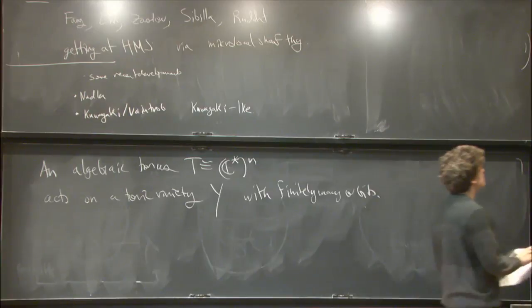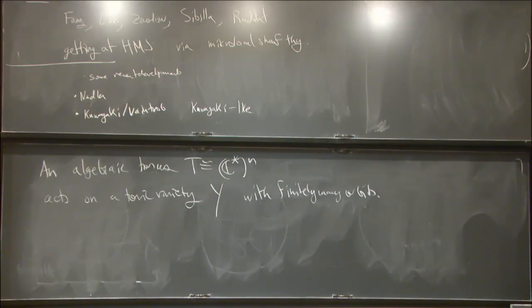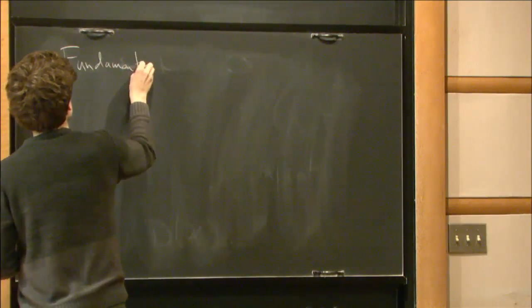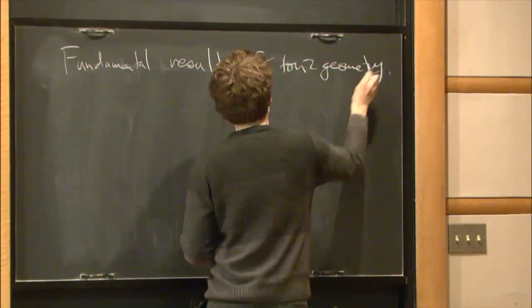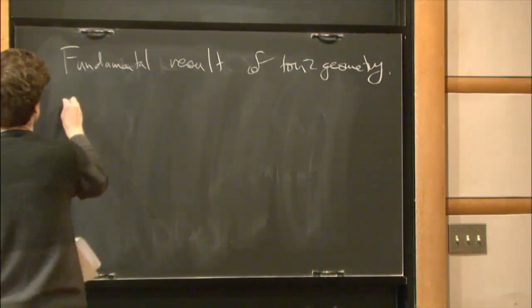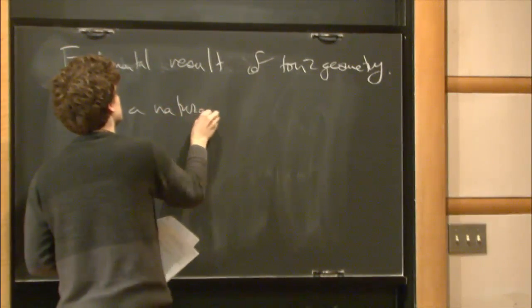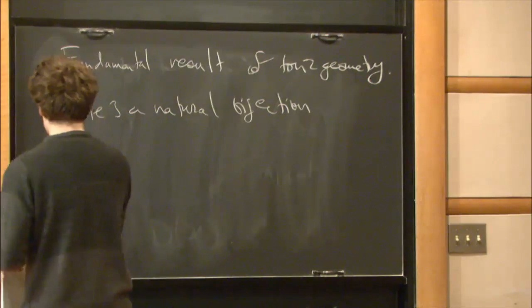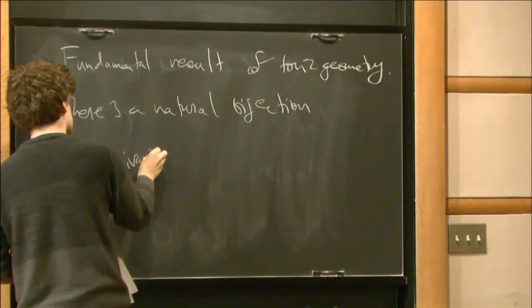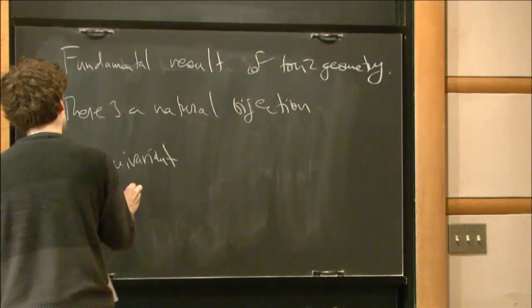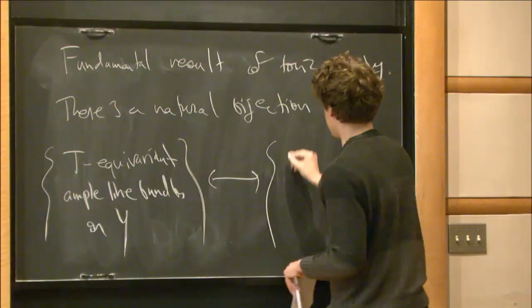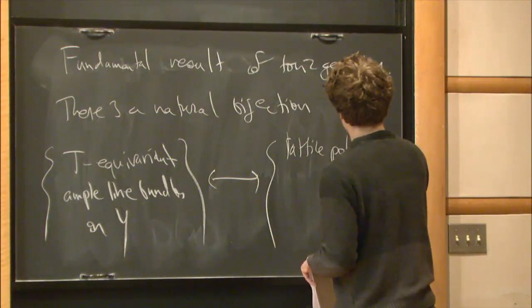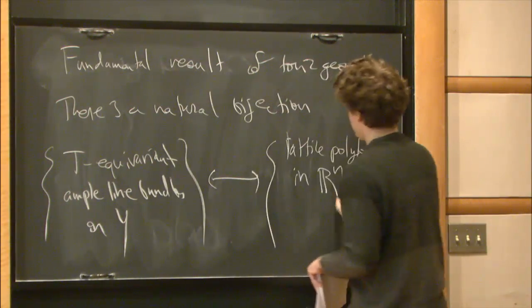And a kind of fundamental, basic result of toric geometry is that there's a bijection between torus equivariant line bundles, let's say torus equivariant ample line bundles on Y, and lattice polytopes in Rn.